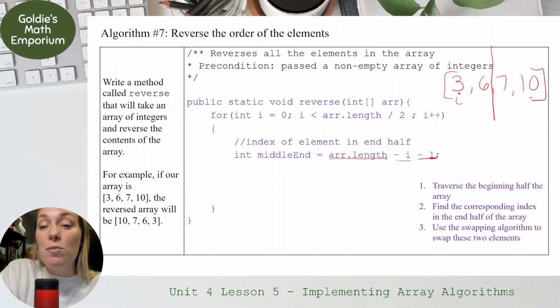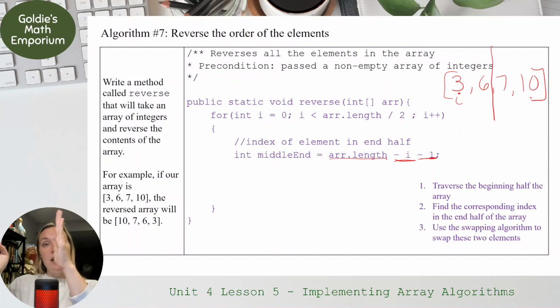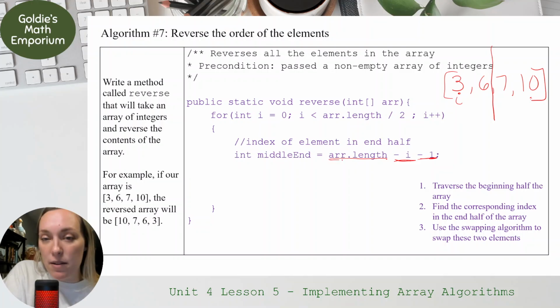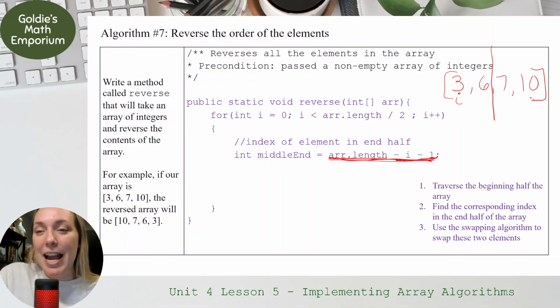And then I'm going to subtract i from that, so that as i increases this way, it also decreases this way, so that I'm moving in from the very ends all the way till I reach the middle. That's going to be the formula that I use, and that's going to be the middle end. That's just what I called it.